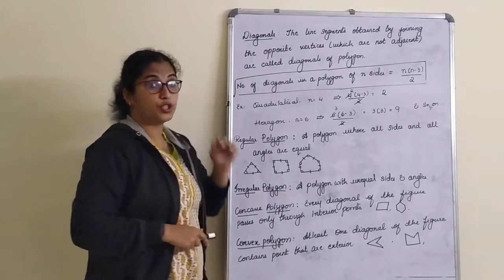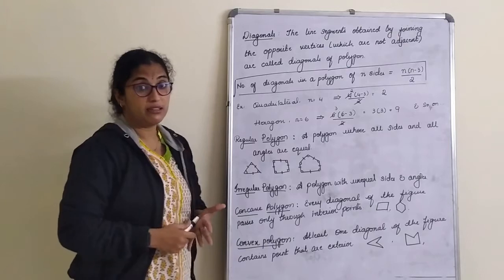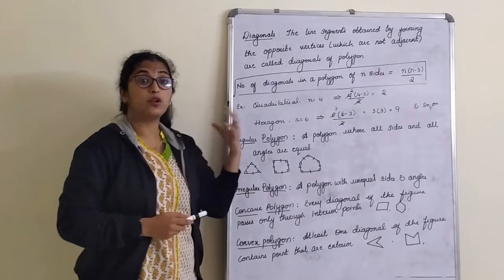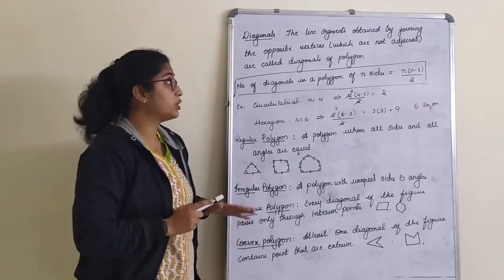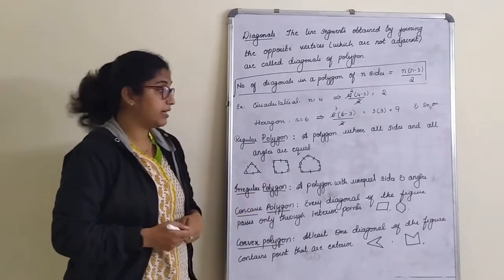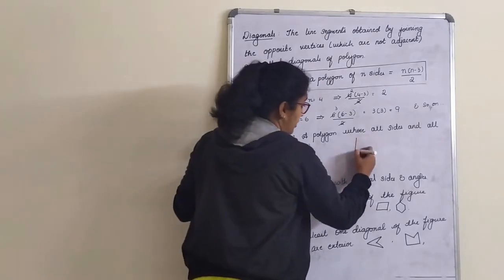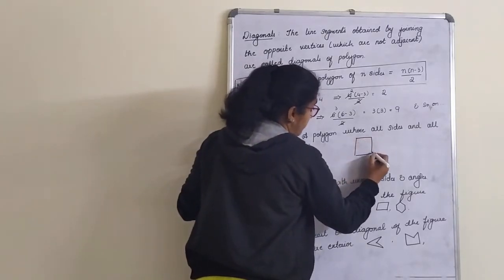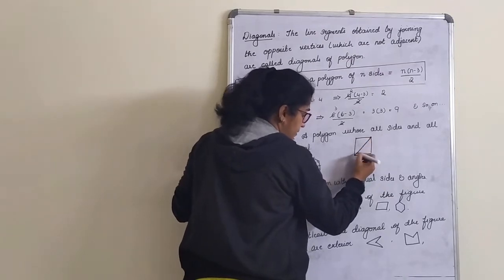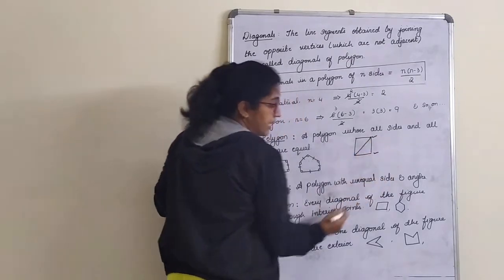Few more points. What you have to know here is diagonals. What are diagonals? The line segments obtained by joining the opposite vertices of a polygon which are not adjacent to each other are called diagonals. Suppose I draw here a square or a rectangle or a parallelogram, these are opposite vertices. These are known as adjacent.